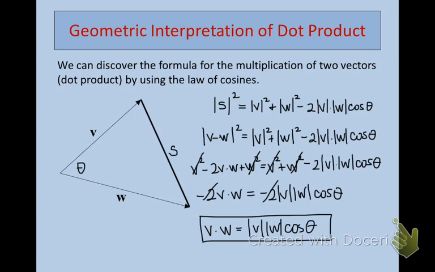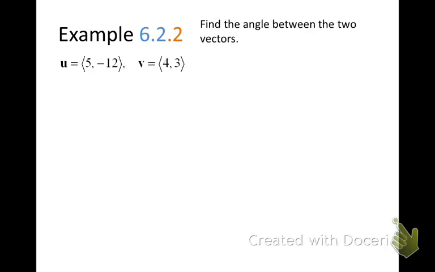So that's the more complicated one. This is the one you'll use if I'm asking about an angle or if I give you an angle and some magnitudes. This will be the formula that you use instead of that algebraic one that we just did. Okay?